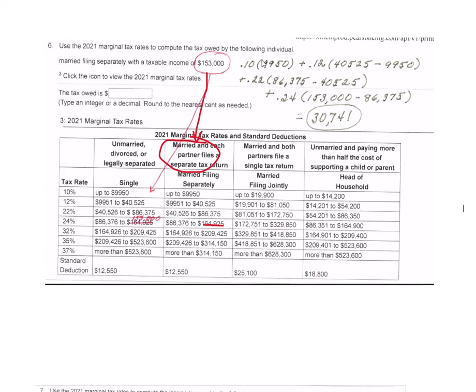If you do that calculation, and find the sum of all those, you have a tax bill of $30,741. It's rather large.